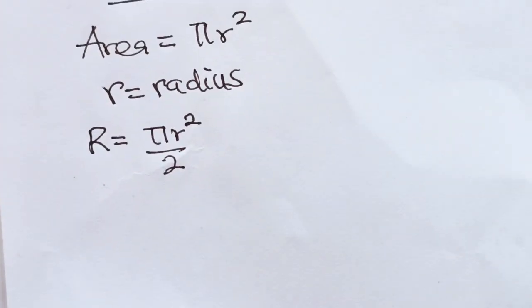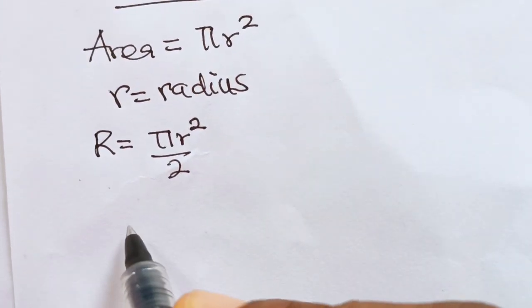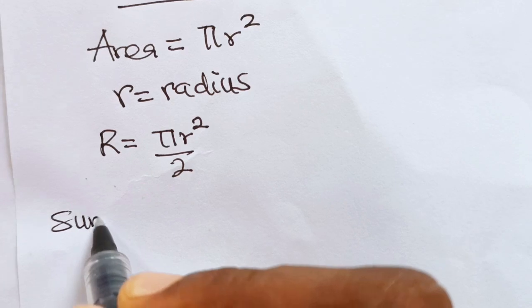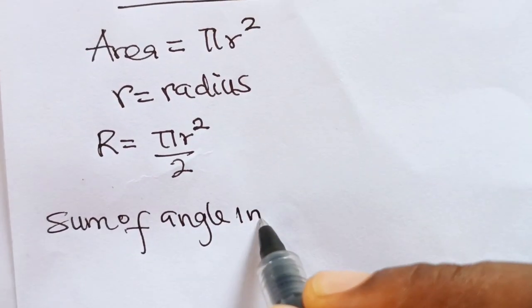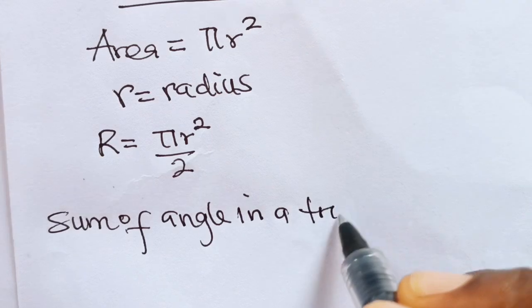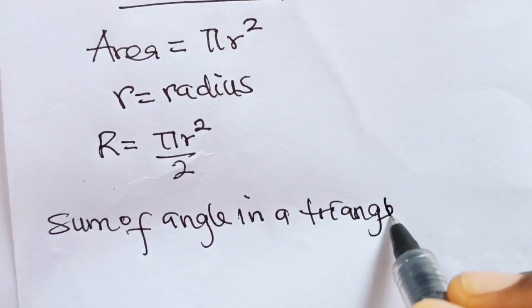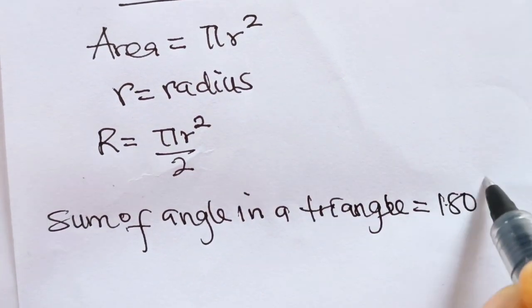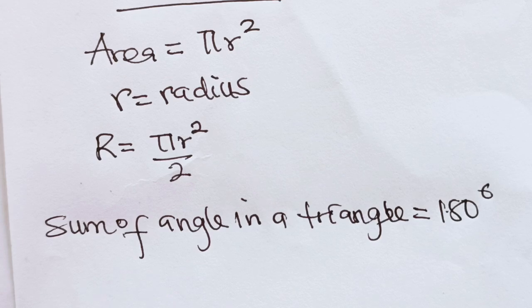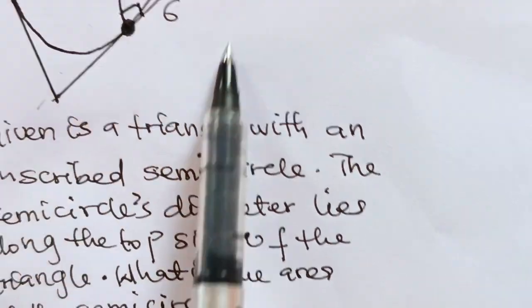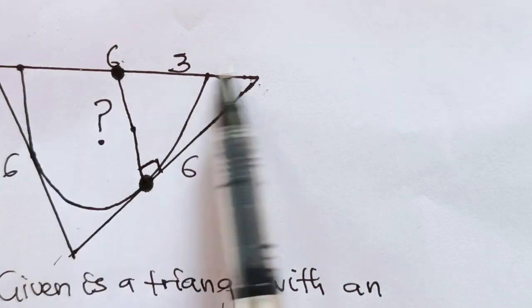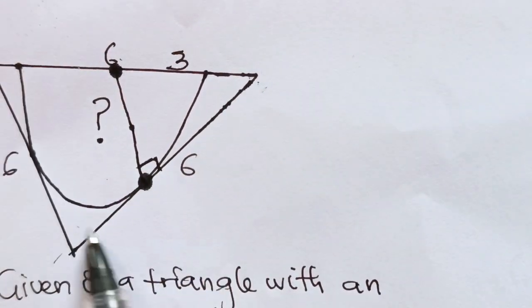Now remember that the sum of angles in a triangle is equal to 180 degrees. Now, if this is an equilateral triangle, if the sides are equal, then the angles are equal as well.